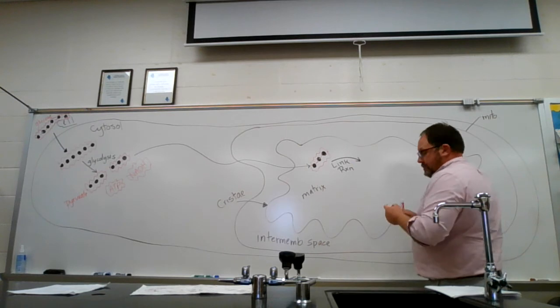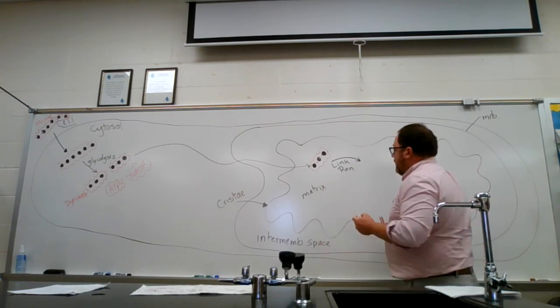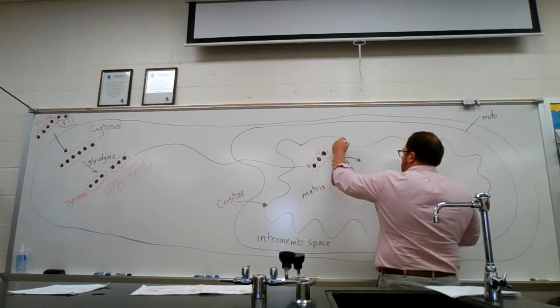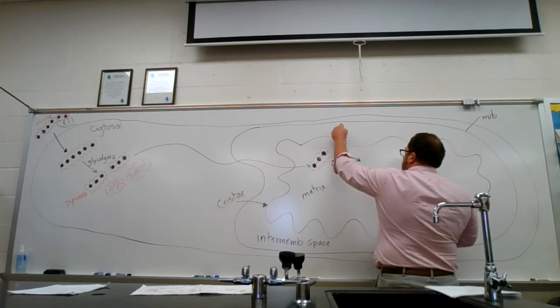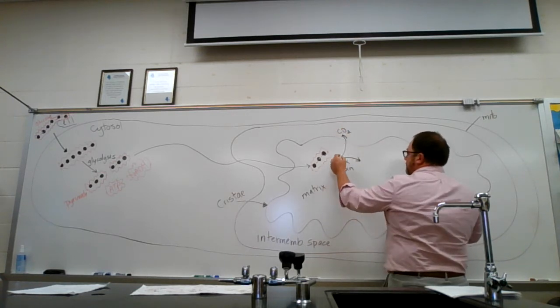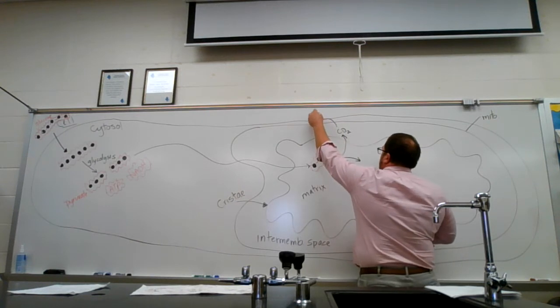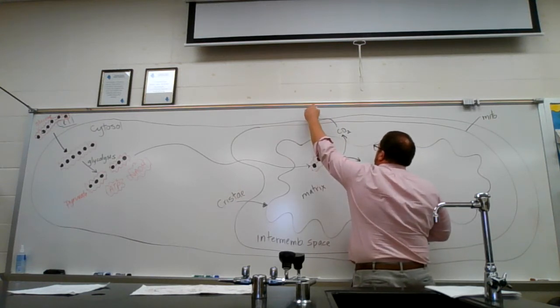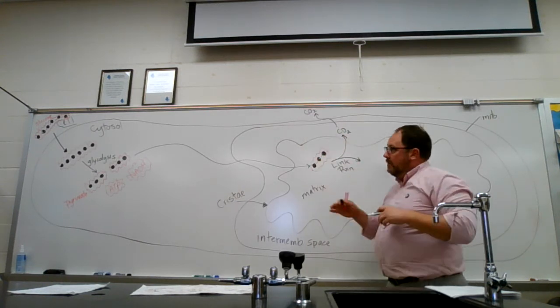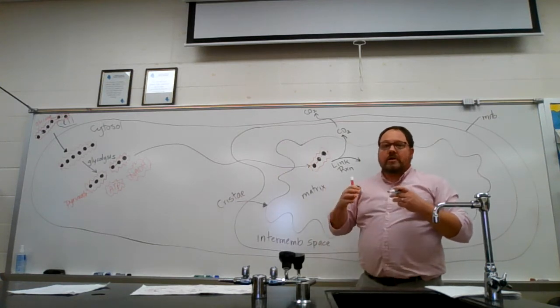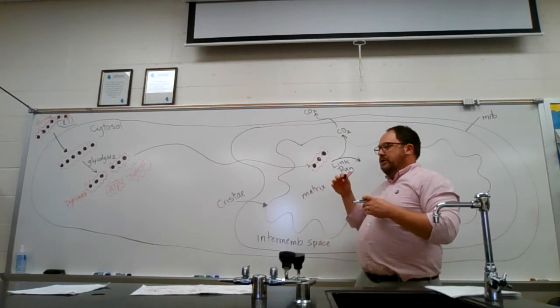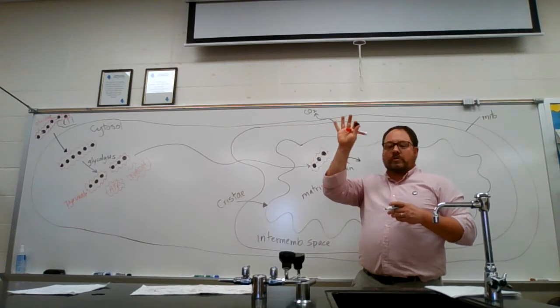Now, the link reaction is going to split off the carbon dioxide. It splits off a carbon, and that carbon dioxide will end up getting released from the cell. So some of the carbs that you consumed, you'll break them down with the link reaction, and that CO2 that's created, you'll blow that out.